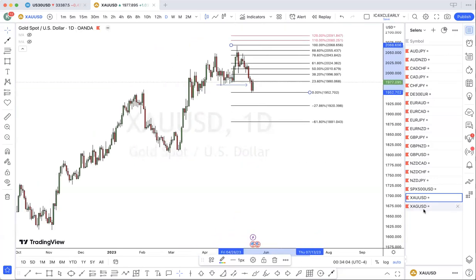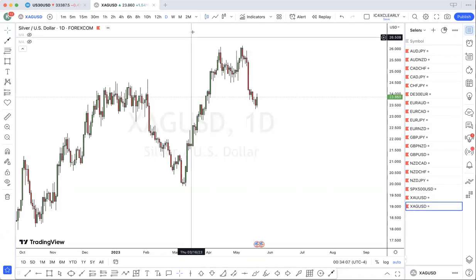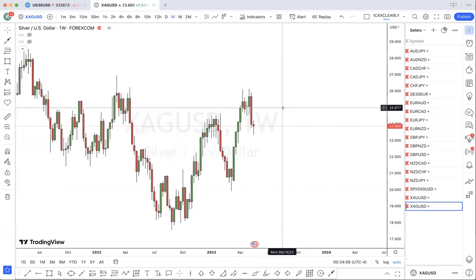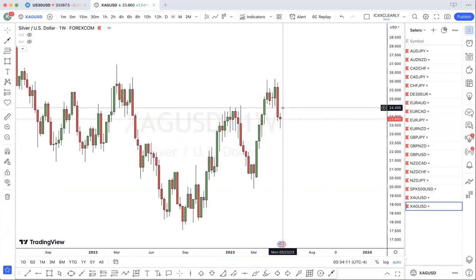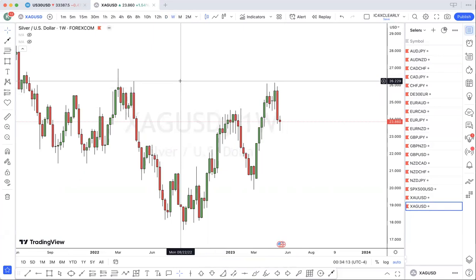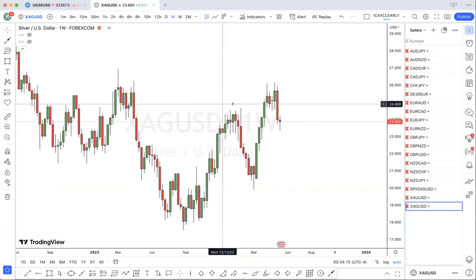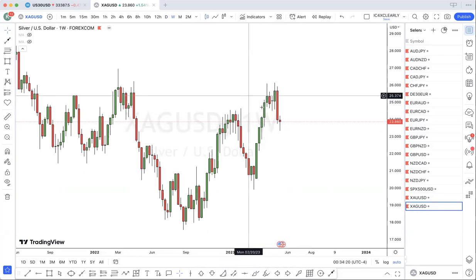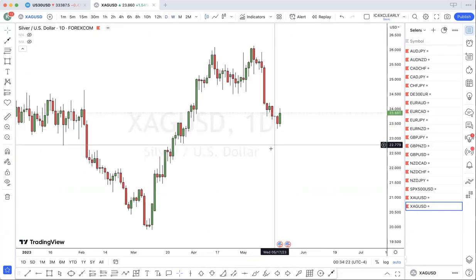Okay. And last but not least, we have silver, which has a bearish order block. Price did not take out this order block. We have a break of structure.